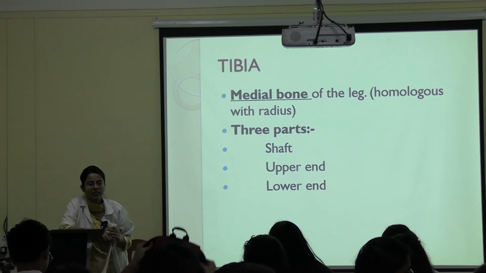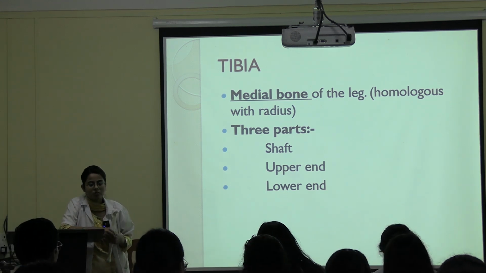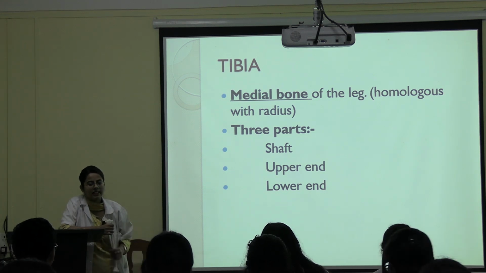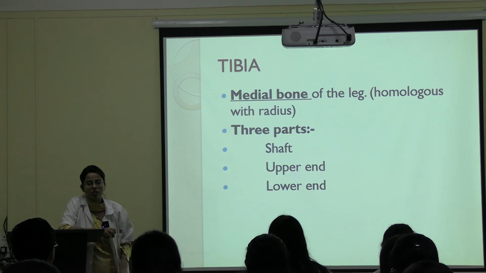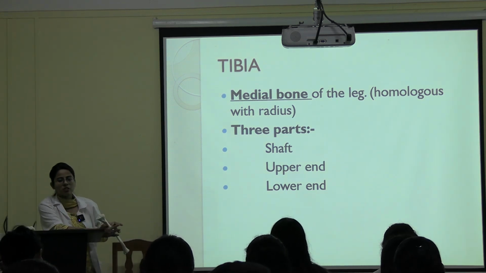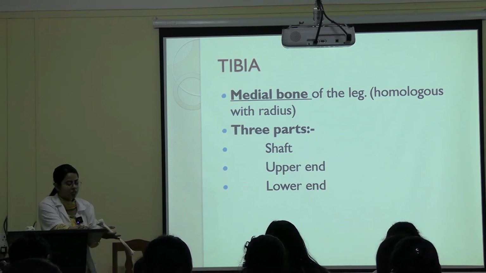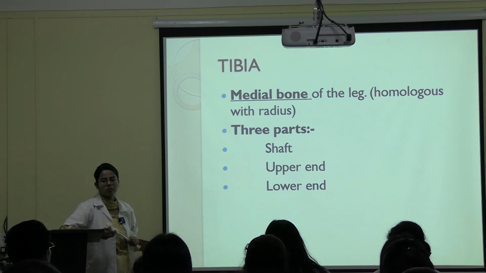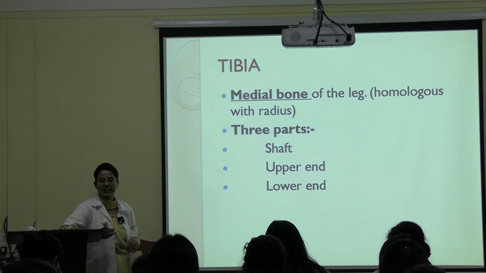It is homologous with radius, which is present in the upper limb. So it is morphologically similar. Like radius also has a head, interosseous border, tuberosity. These are the features of radius. So similar features will also be found in tibia. That is why tibia is homologous with radius.